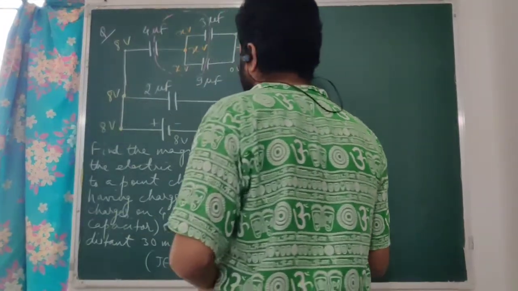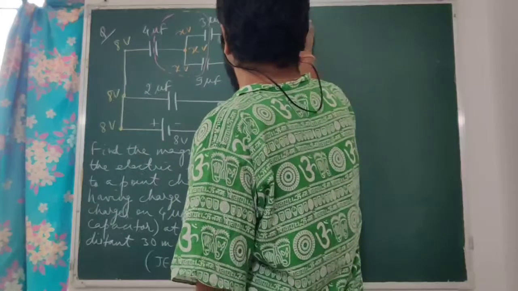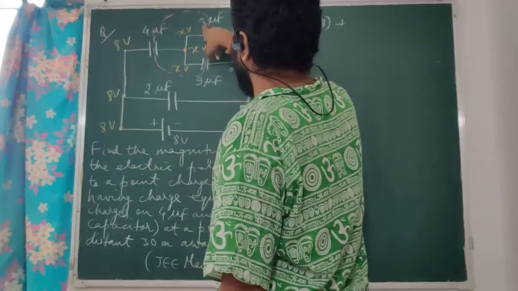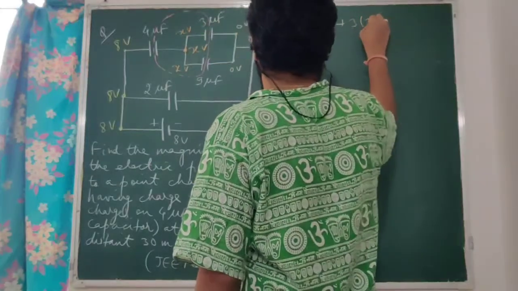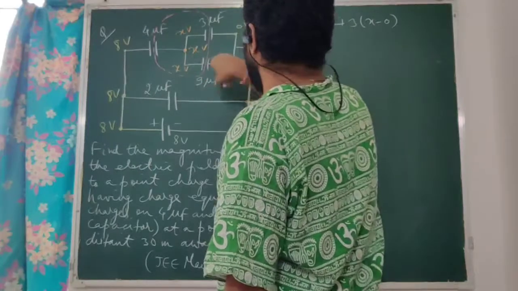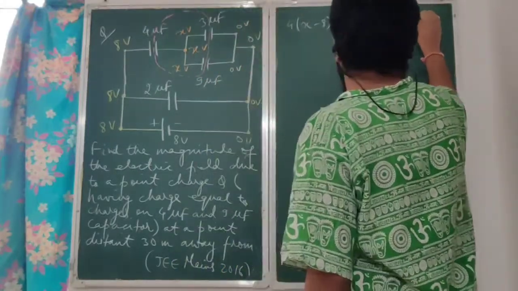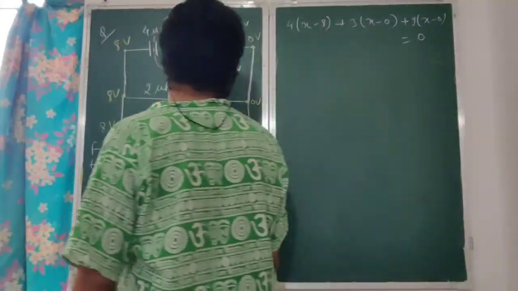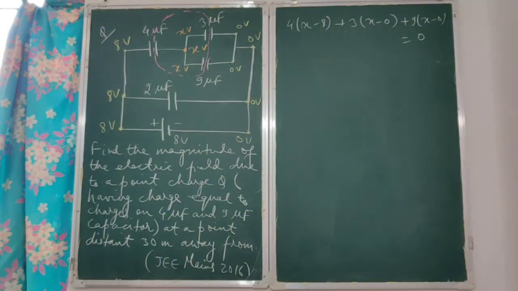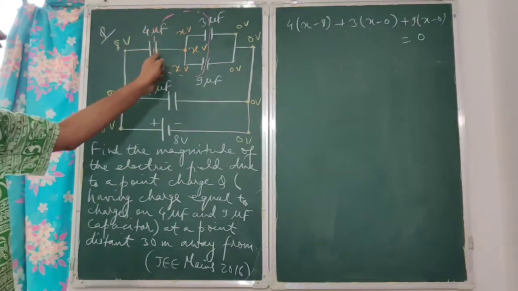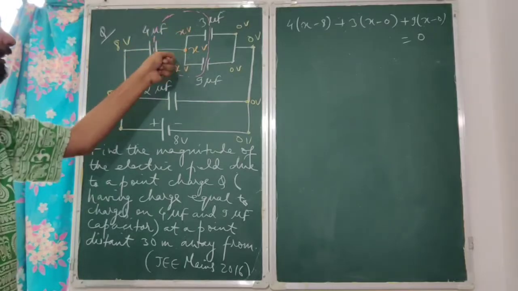So if we make use of that, we can write 4 into x minus 8 plus 3 into x minus 0 plus 9 into x minus 0. So this will be equal to 0, because Q is equal to C into V, the potential difference into capacitance, that will give charge on each of these 3 plates.